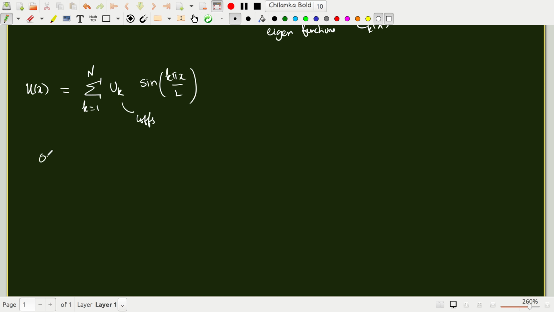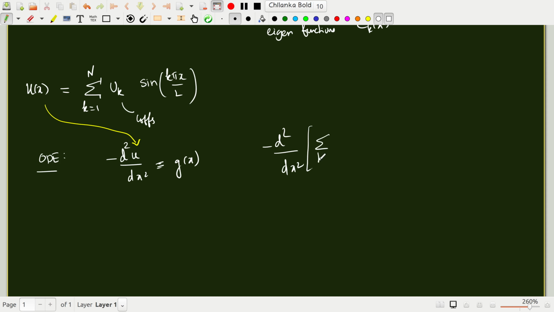So let's go back to the linear ordinary differential equation that we set out to solve, equal to g of x. Now minus d squared by dx squared, instead of u, I'm going to substitute this expansion: summation over k uk sine k pi x upon L is equal to g of x.